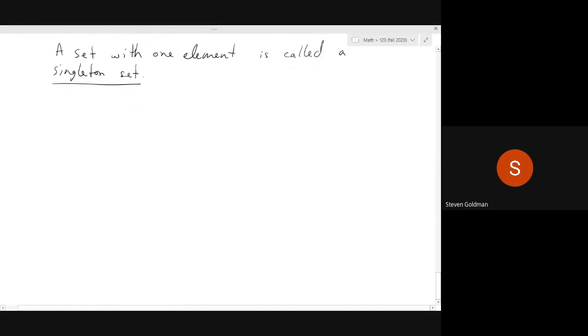Let's now move on to describe subsets. We've described sets and what it means to be an element of a set. We're now going to talk about subsets of sets.